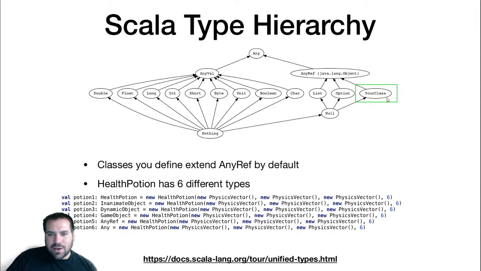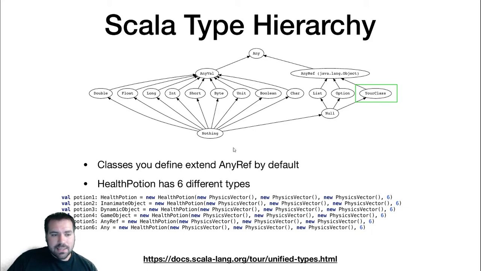So our classes all go right here in that inheritance structure, this type hierarchy, and our class now has 6 different types. You have to look at the code for the Physics Engine a little bit as well. If we create a new HealthPotion in this example, we can store it in a variable of any type in its type hierarchy.